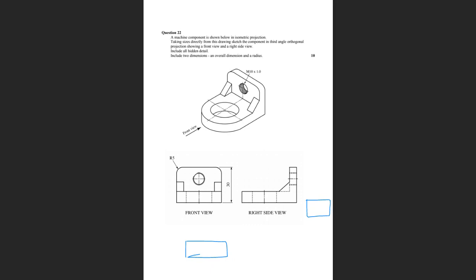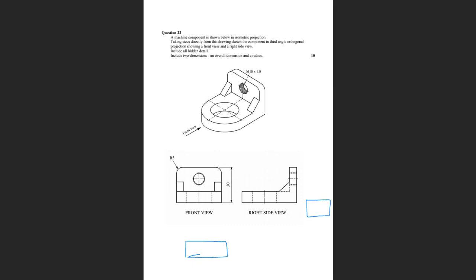As you can see in your yellow book, have a look at page 7, and you'll see how these mathematical planes work for third angle projection. So make sure you study that.